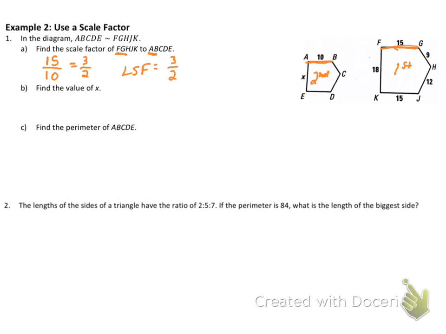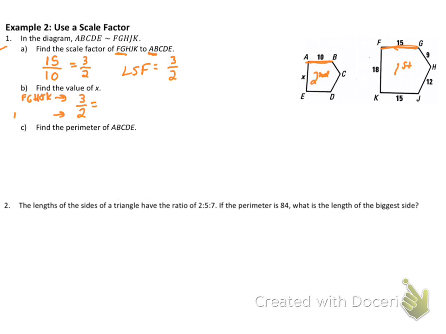All right, so now how can I use that to find the value of x? So I know the ratio of the corresponding side lengths has to be 3/2. So I'm going to start with a ratio that I know. Okay, and then the top belongs to FGHJK.